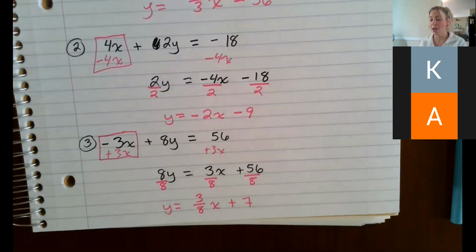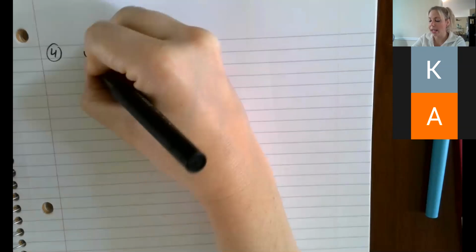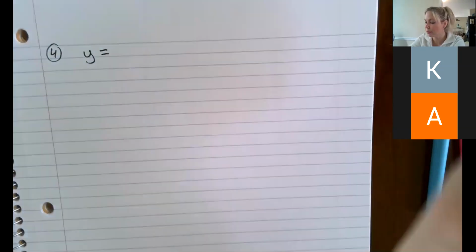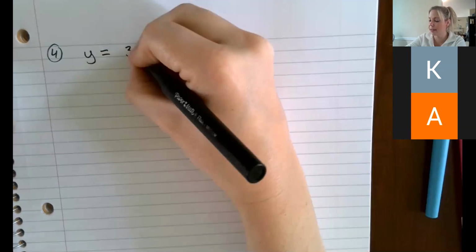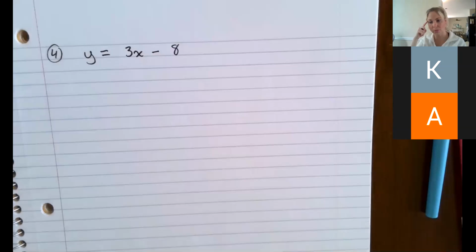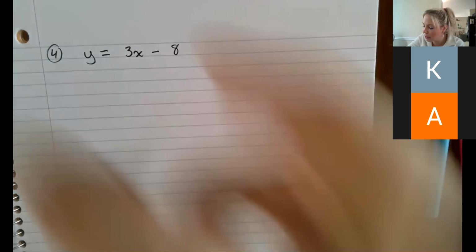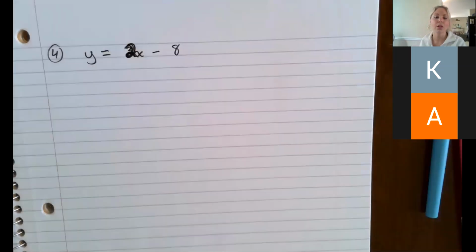The X-intercept? Okay, so there are 2 different ways that you can find your X-intercept. Let's say that you are in slope-intercept form already. If we've got a problem like y is equal to 2x minus 8, make it a little bit nicer.